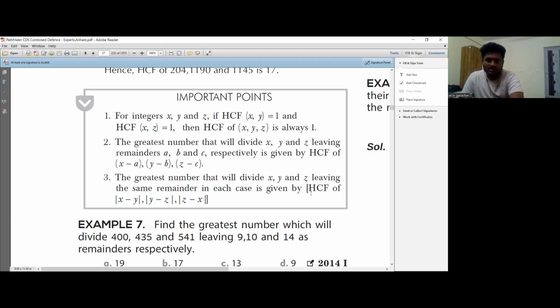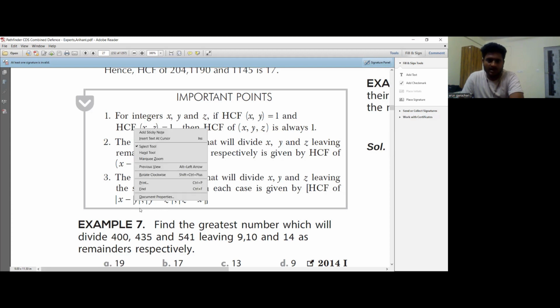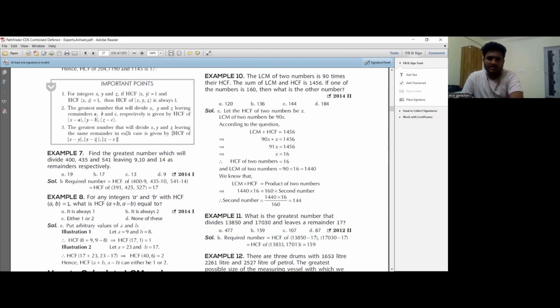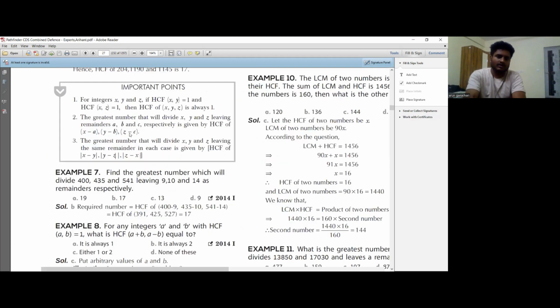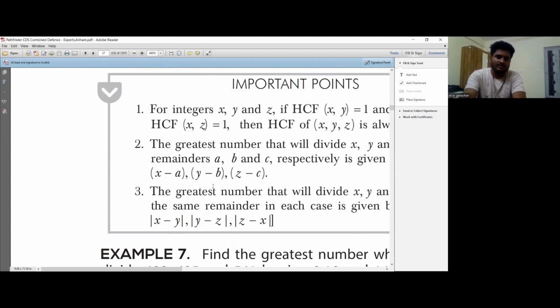In each case is given by the HCF of x minus r, y minus r, and z minus r. Write it as x minus r, y minus r, and z minus r.